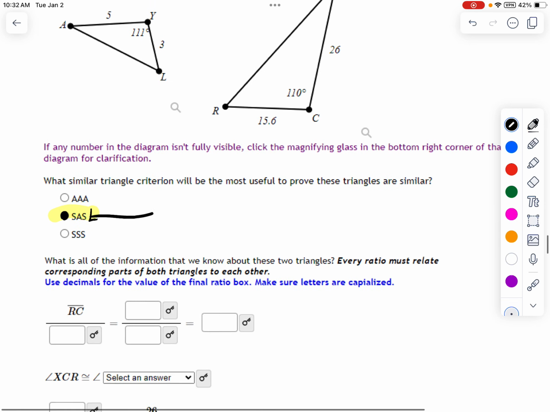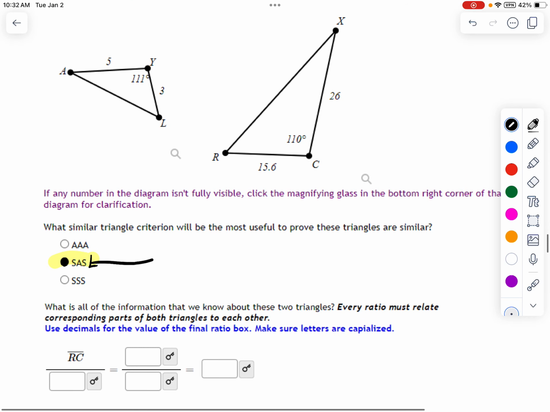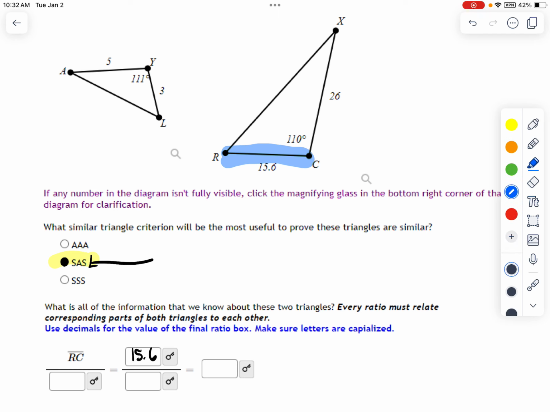Alrighty, so to fill it out, we say, okay, side RC is this one right there, and that is 15.6, so I'm going to write 15.6. Then RC on the bigger triangle corresponds to which side on the smaller triangle? RC is the shorter of the two given sides, so that would be YL or LY.